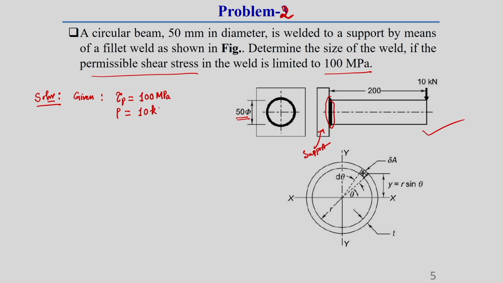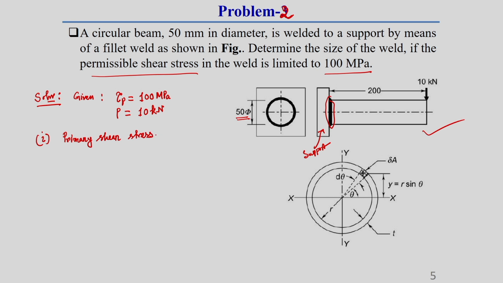10 kilonewton. But this is a circular shaft. In the previous case we observed a rectangular cross section, so this is a circular shaft. Here also we will follow similar steps. First step is to find out the primary shear stress.